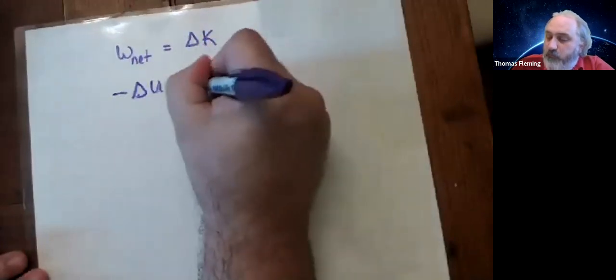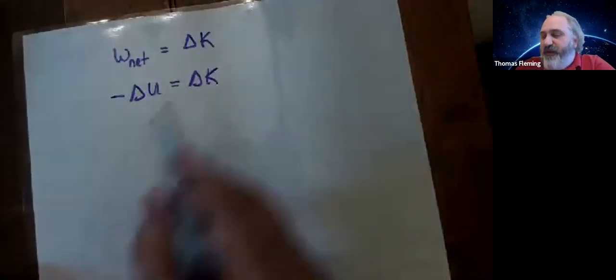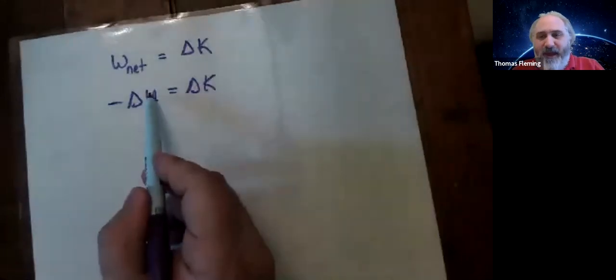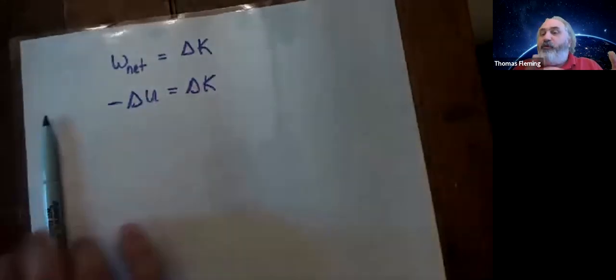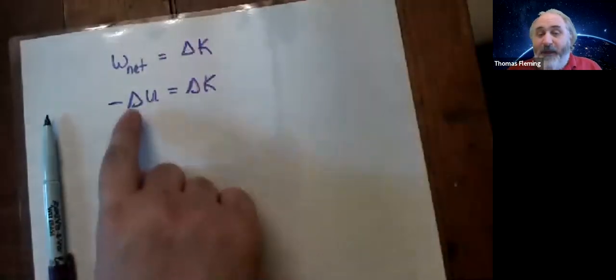But because of that minus sign, I can replace this with negative delta U. And again, if you think of the kinetic energy as the cash in your hand and U as your bank balance, what this is saying is that when you take money out of the bank, the amount of cash goes up, but your bank balance goes down.